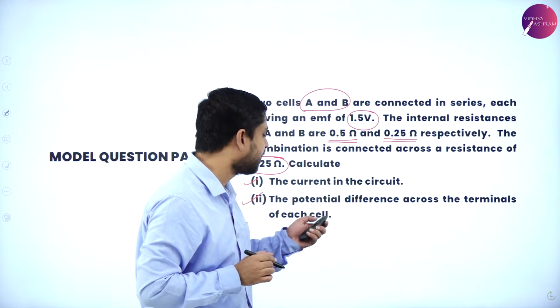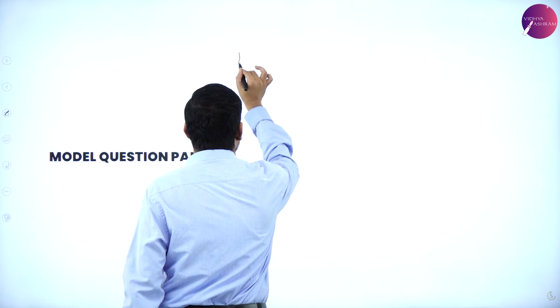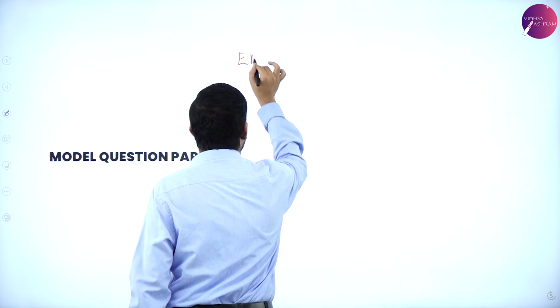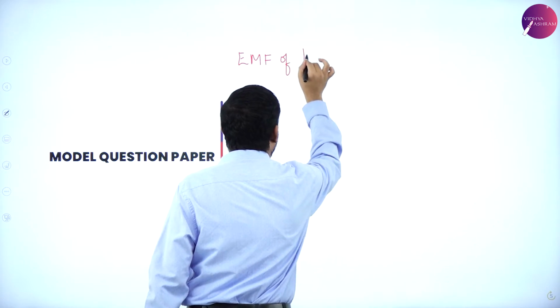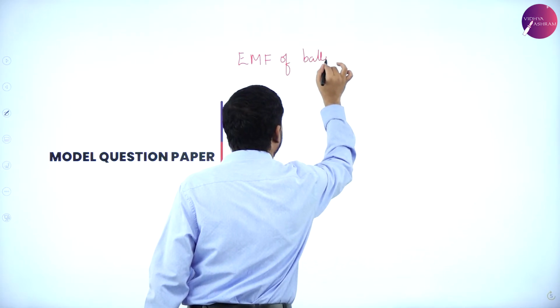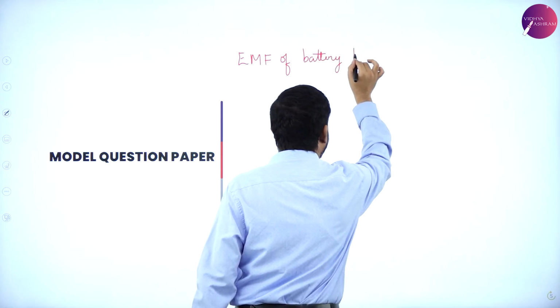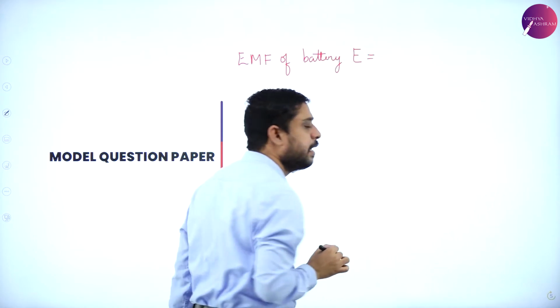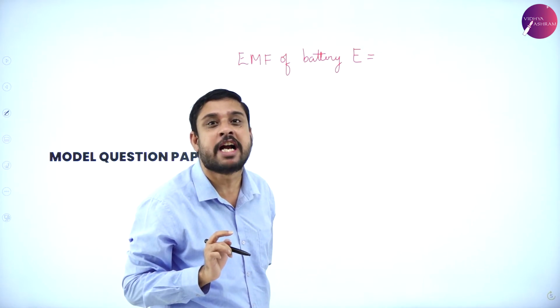Which means first, I will calculate the EMF of the battery. E equals, the EMF of each cell is 1.5.